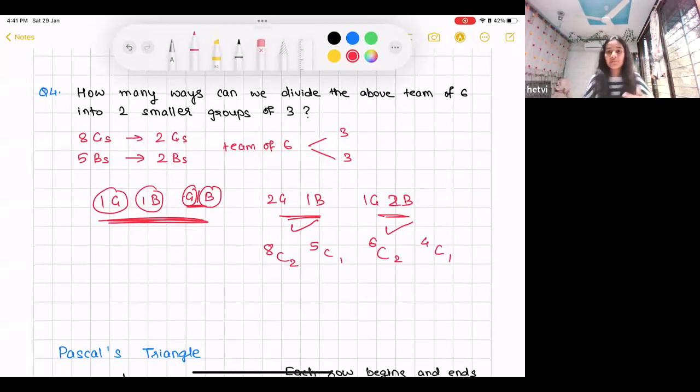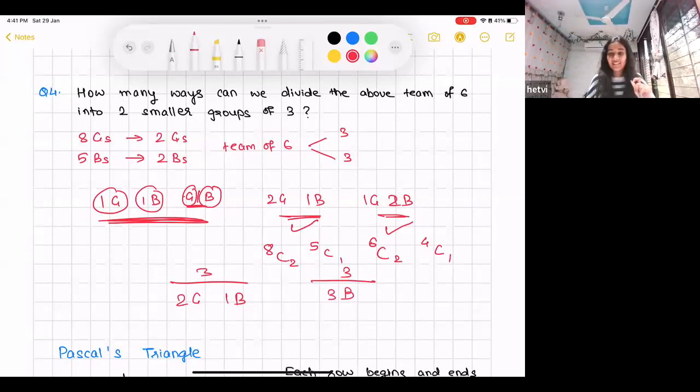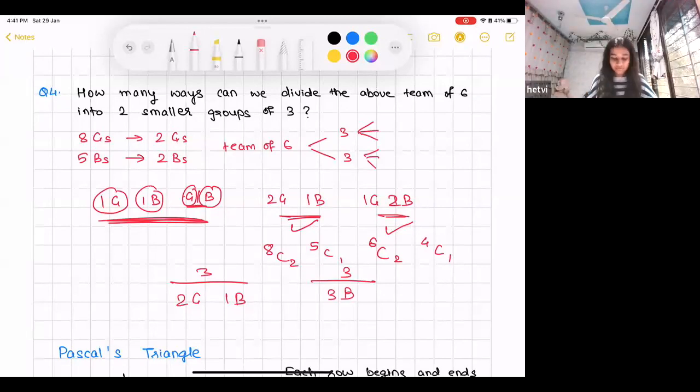But there's one more thing: you'll have to consider more cases because it could be 2 girls, 1 boy in the first group of 3, and in the second group of 3 you could have 3 boys. Yeah, because on the top we have even a team with 4 boys and 2 girls. So you can definitely go about it in this way, but you'll have to consider a lot of cases. For each of these, you'll have tons of cases. So try a different approach.